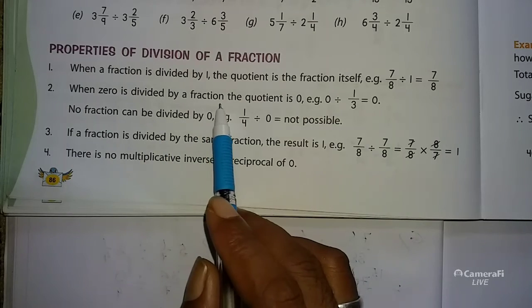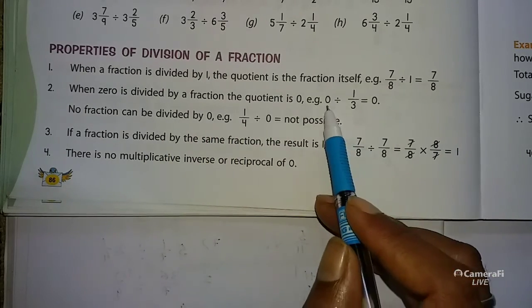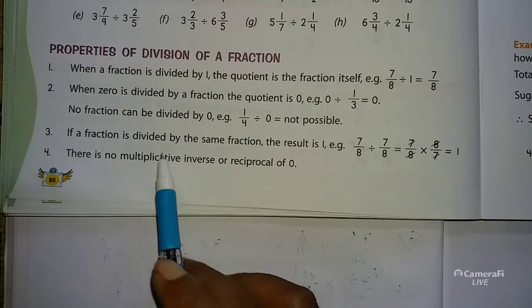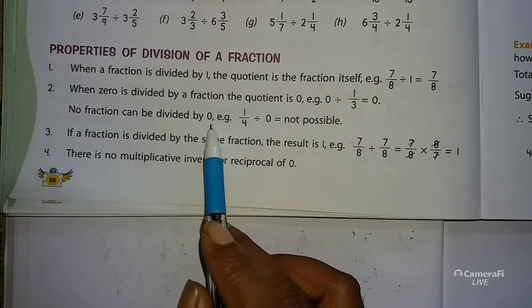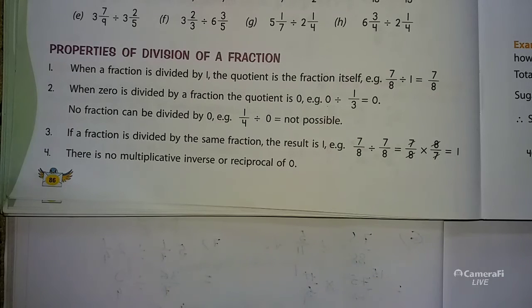When 0 is divided by a fraction, the quotient is 0. Example, 0 divided by 1/3, result 0. 0 divided by 1/4, result is 0. But no fraction can be divided by 0. Example, 1 by 4 divided by 0, not possible, because dividing a number or a fraction by 0 is not defined.